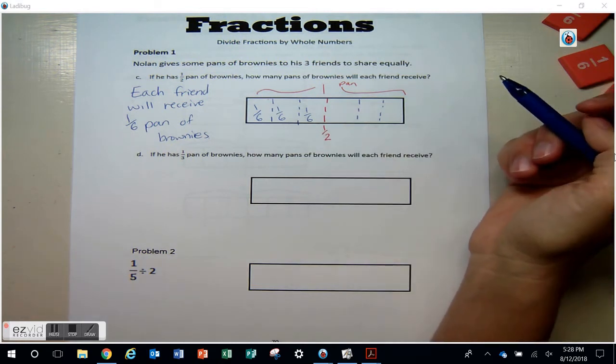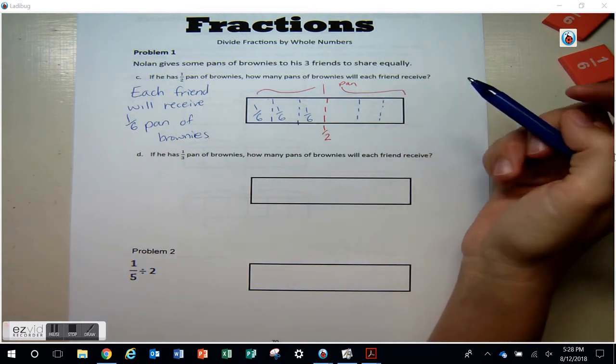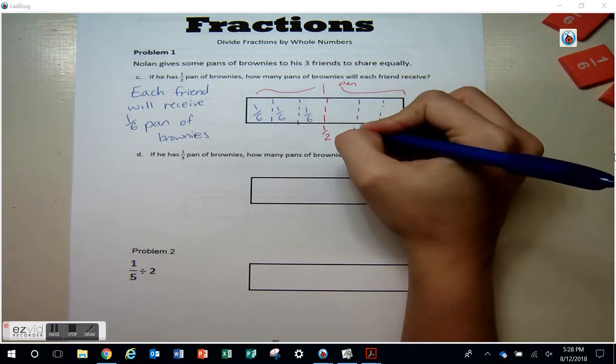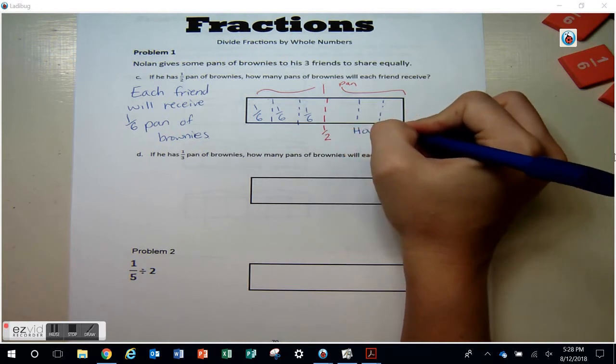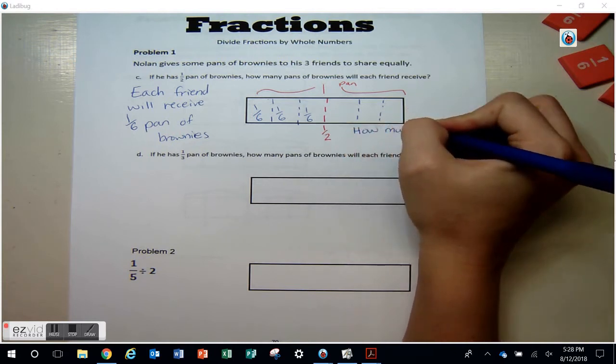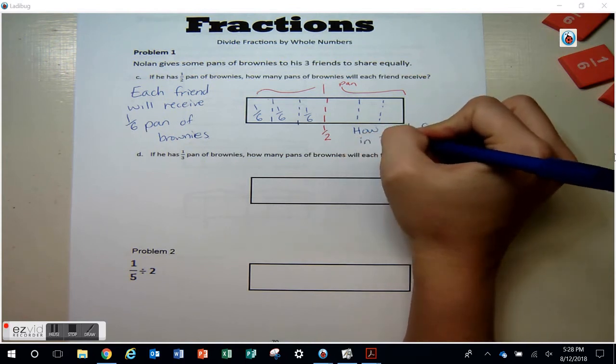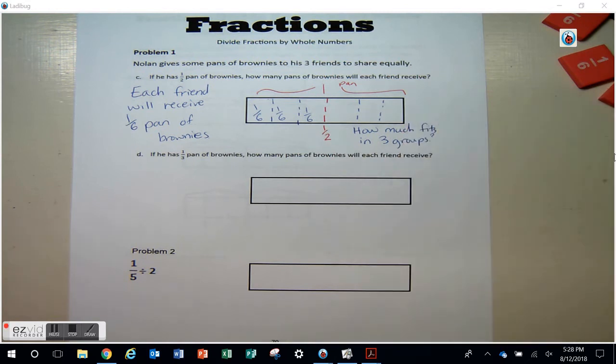On this one, we're saying how much fits in each of the 3 groups.